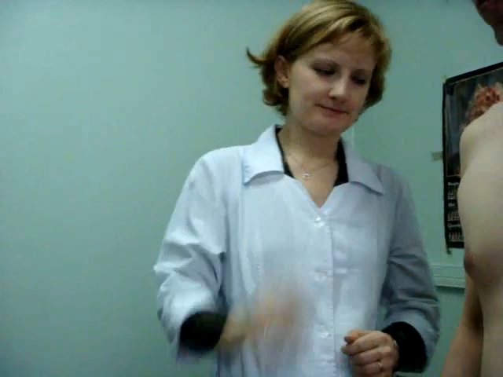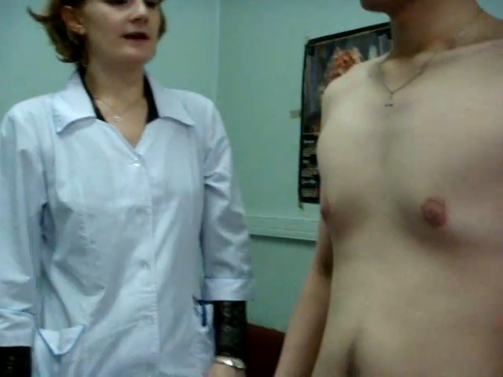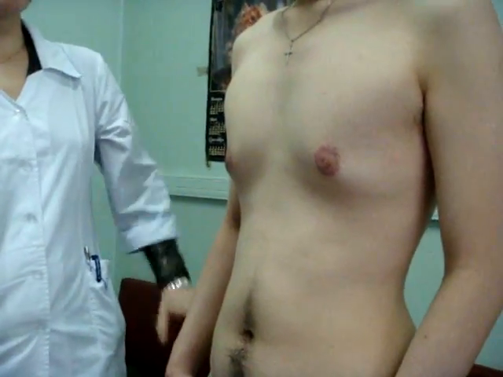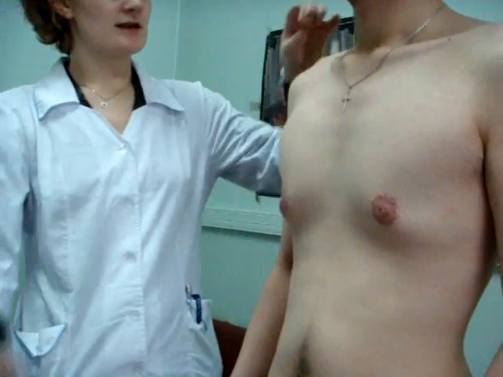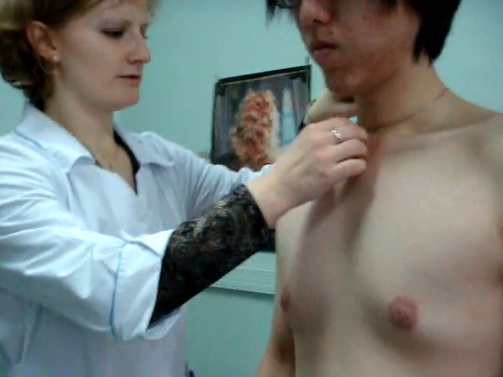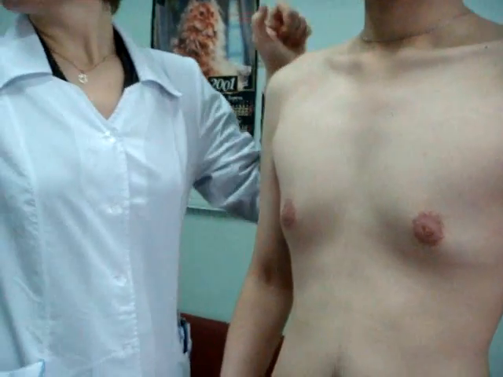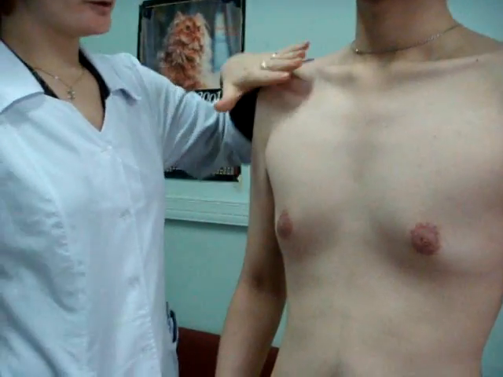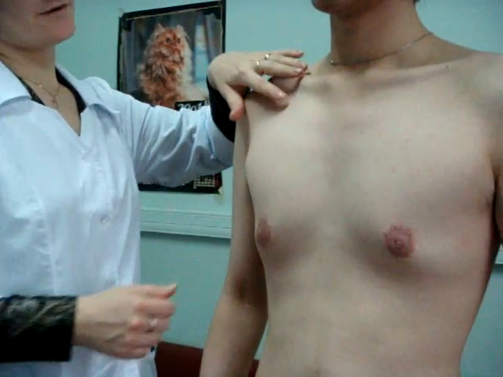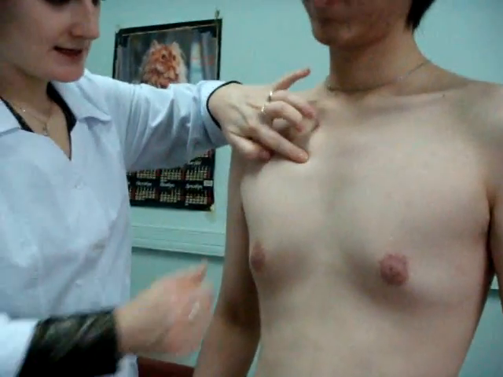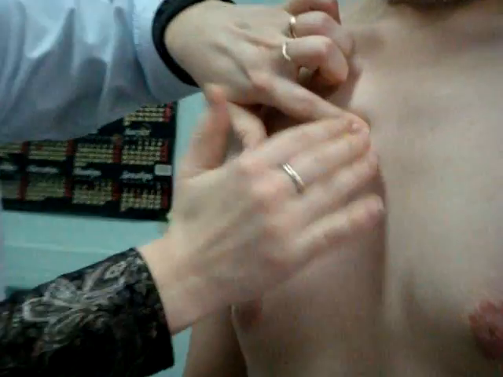Next step. The pulsations of big vessels. The projection of the aorta to the anterior surface of the thorax is the second intercostal space to the right from the sternum.